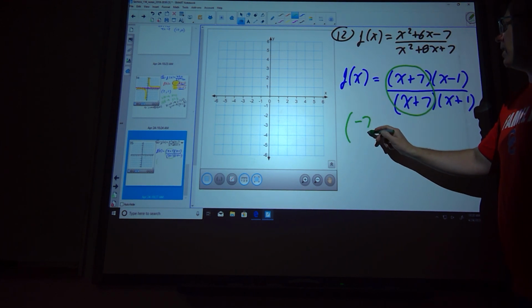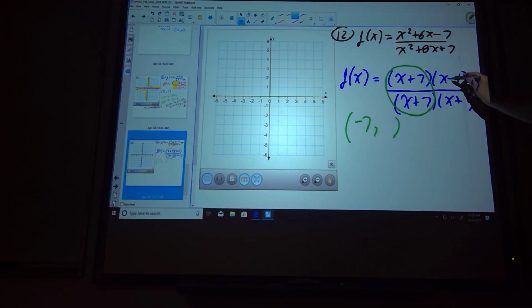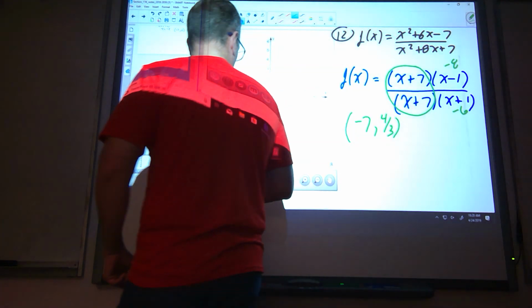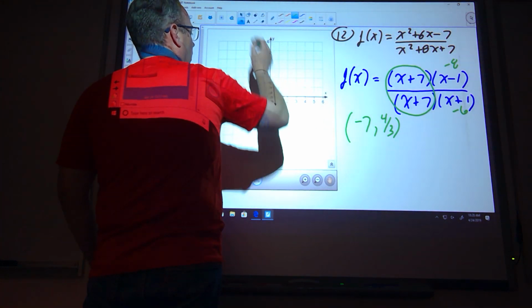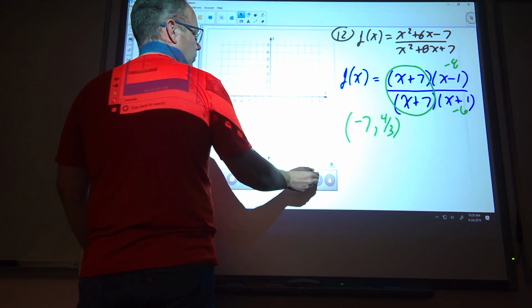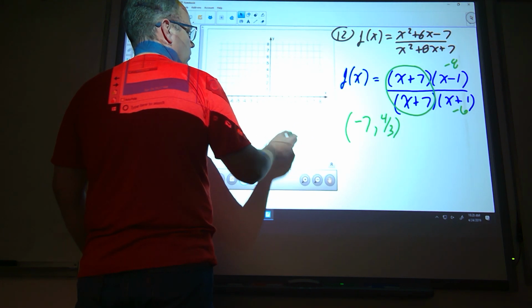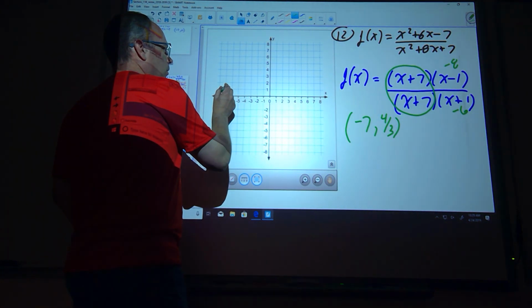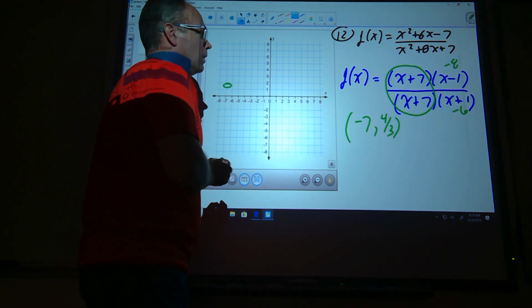At negative 7 comma something, so we'll go negative 7 minus 1, that's negative 8 over negative 6. So that's 4 over 3. At negative 7 and at 4/3, we have a hole.